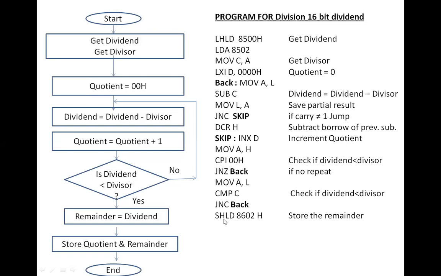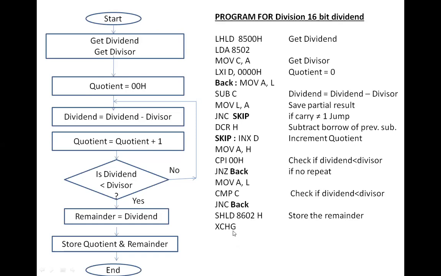Now we also have to store the value of the quotient. The quotient is stored in the D pair. So we are going to exchange. Exchange is an instruction which has been discussed earlier, to exchange the value of the D pair with the HL pair. The D pair contains the quotient value, so that quotient value will be exchanged with the HL pair.